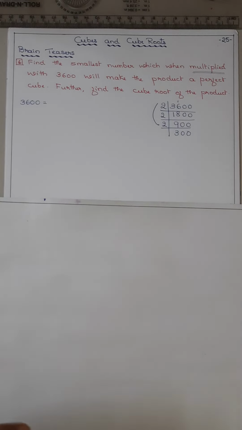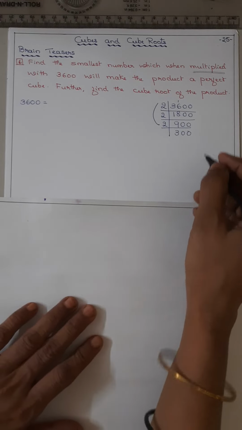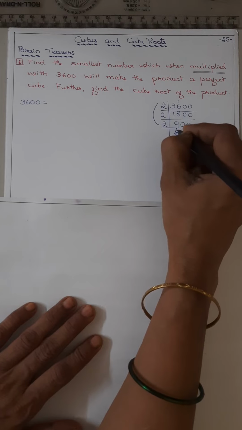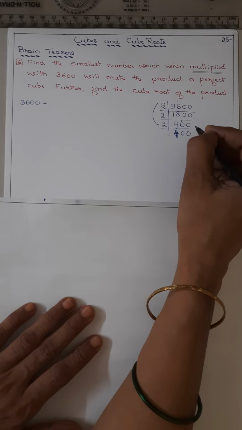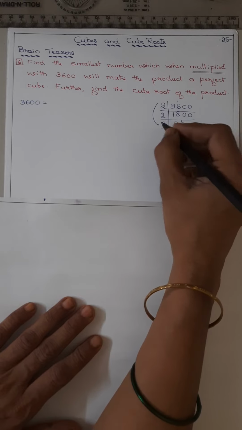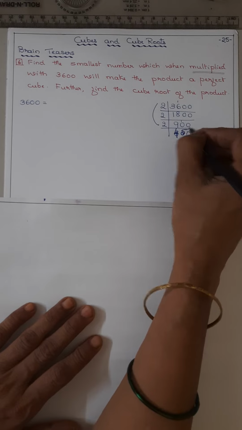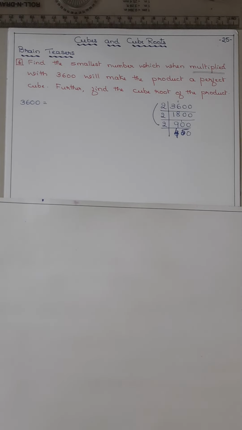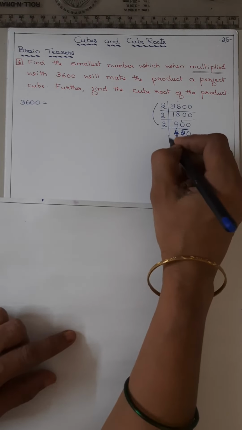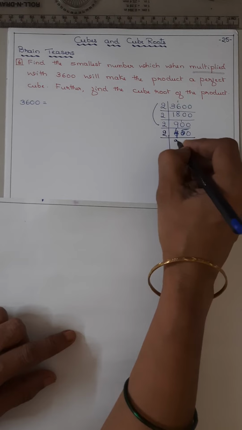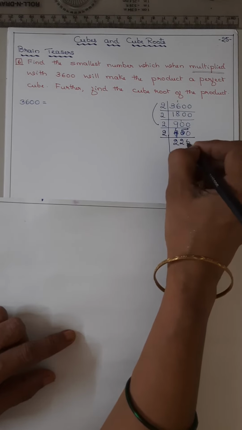Okay. Now it is a... 2 4s are 8, sorry. 2 4s are 8, 2 5s are 10 and 0. Okay. Now it is again 2. 2 2s are 4, 2 2s are 4, 1 remains, 5s are 10.